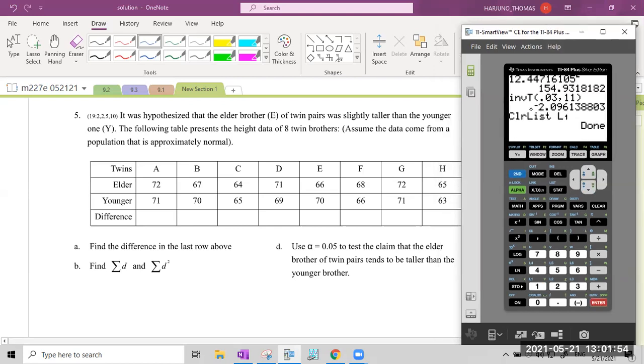Okay, now I will input the data into list 1. The first number is the elder: 72, 67, 64, 71, 66, 68, 72, 65.